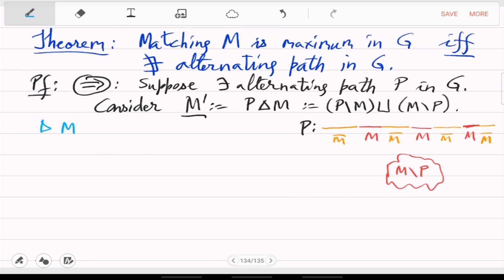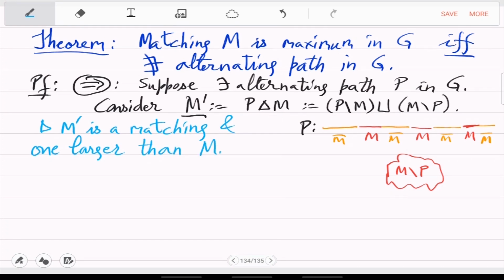So this M prime is a matching, a larger matching than M. In fact, 1 larger than M. Which means that M is not maximum.